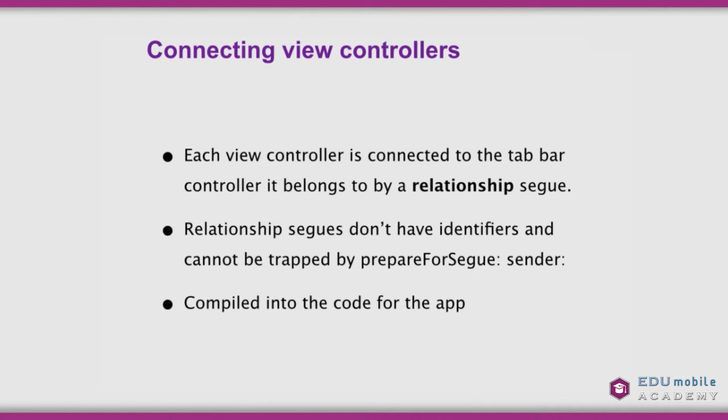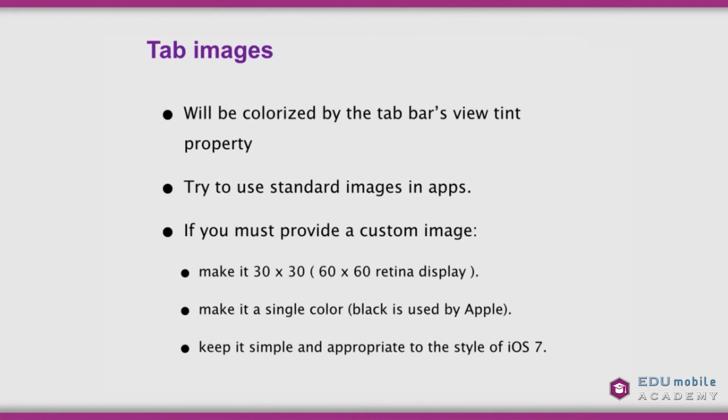But with tab bar controllers, we use only relationship segues, and they're dumb. They don't do anything. They just relate the controllers inside a tab bar controller's collection to the tab bar controller. Once we have set them up in Interface Builder, we don't have to worry about them. They just work. They're compiled, they're baked into the code for the application itself.